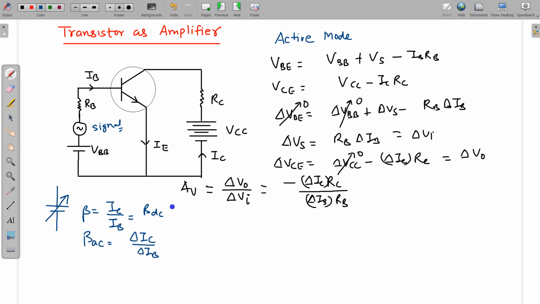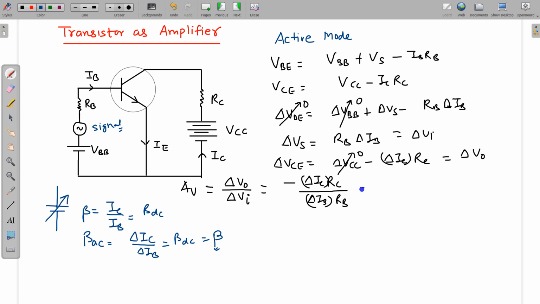Whenever we use DC, we are interested in the absolute values. We should remember that in active mode, beta DC and beta AC are nearly equal for a transistor. There is no difference as such, so we just write a single symbol, beta.